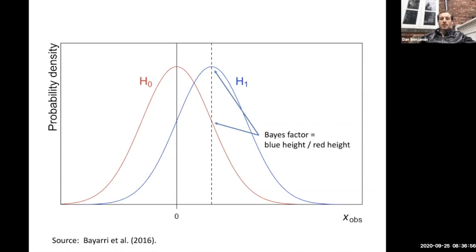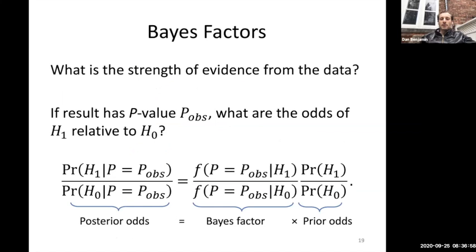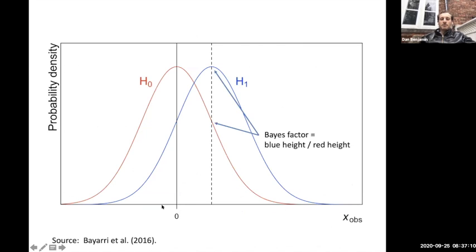Okay, so just like I gave you a graphical way to interpret the rejection ratio, I want to give you a graphical way to interpret the Bayes factor. Remember, the difference here is that it's p equals some value rather than p in some region. So with the same kind of figure as before, where we have this red curve being the distribution under the null, centered at 0, and some alternative distribution for what we might observe that's centered at some positive value.